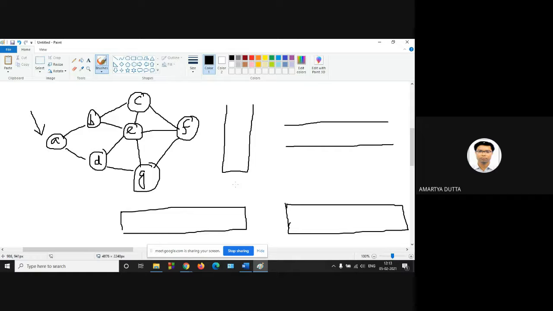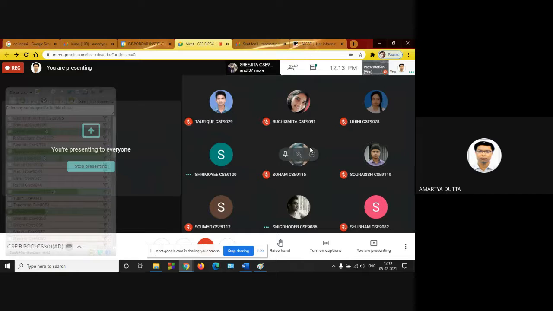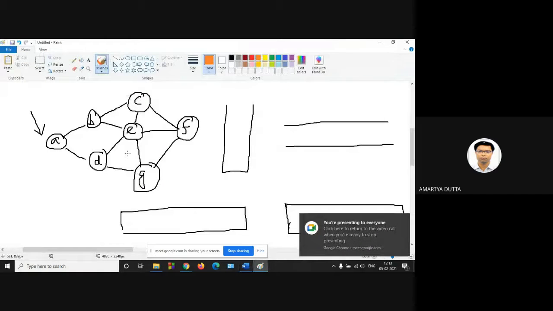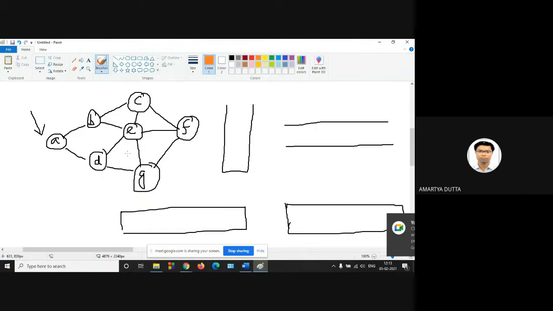So first do the depth first search. A is the starting vertex, okay? So what should I write first?